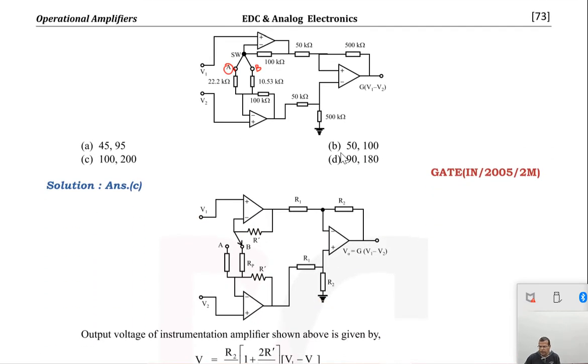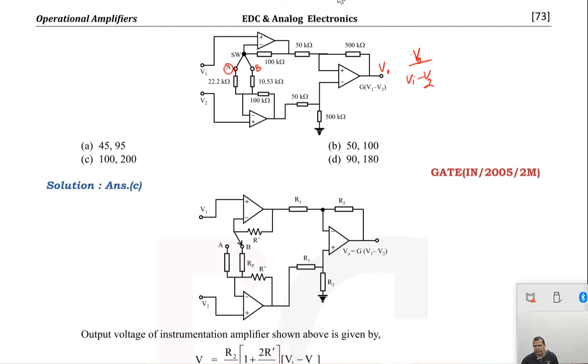The voltage gain of the instrumentation amplifier, if you remember, that is nothing but output voltage, say this is V naught, divided by input voltage, that is differential input V1 minus V2. Remember, V1 is which voltage? That is associated with the non-inverting terminal, and V2 is the input voltage associated with this inverting terminal, fine.